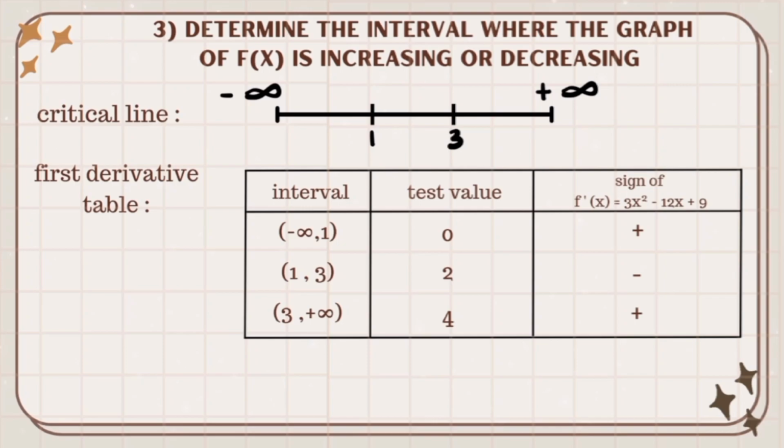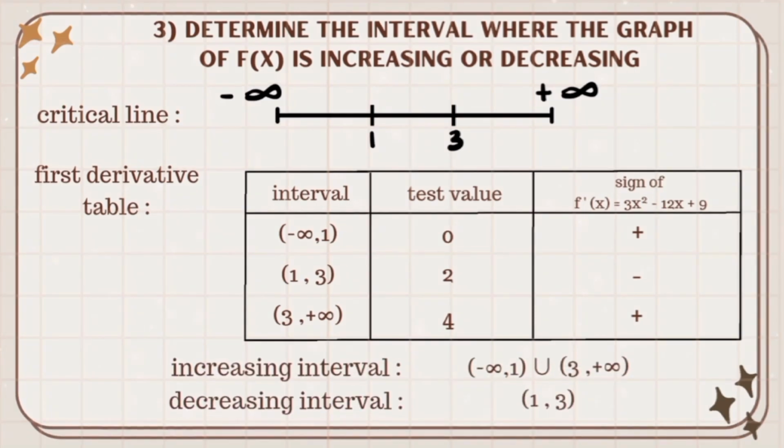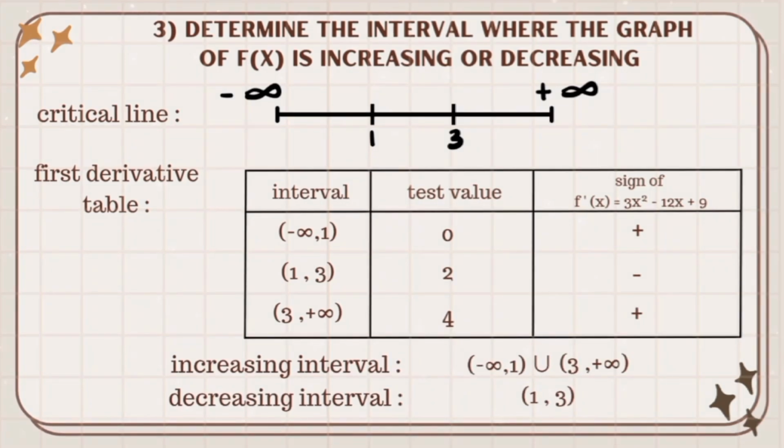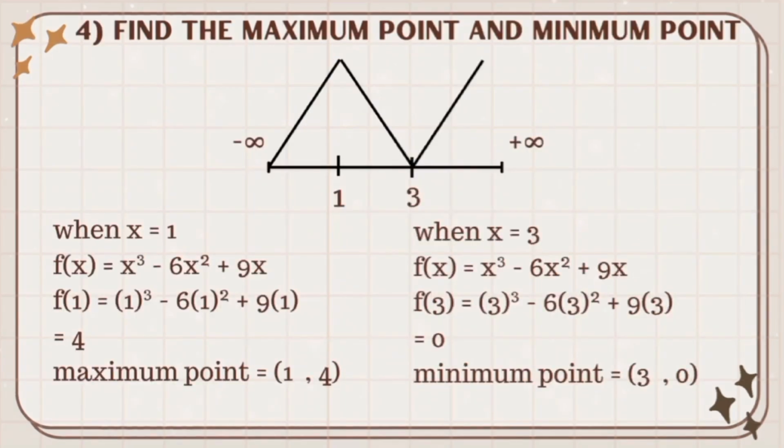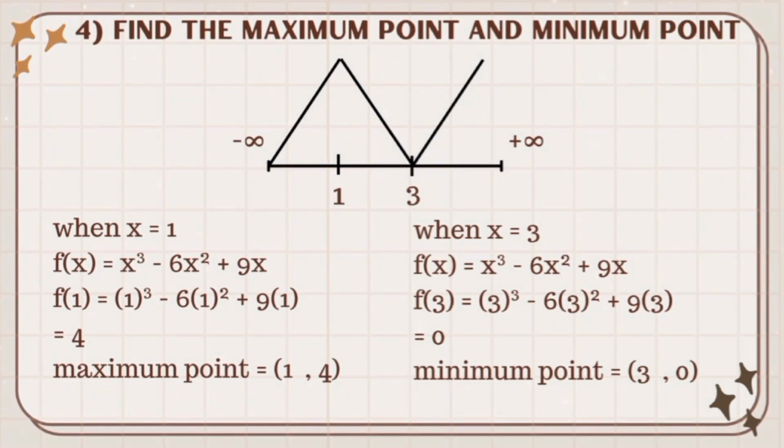If the answer is positive, it is increasing, and the same goes for the other. So here, the increasing interval is negative infinity to 1 union 3 to infinity, and the decreasing interval is 1 to 3.